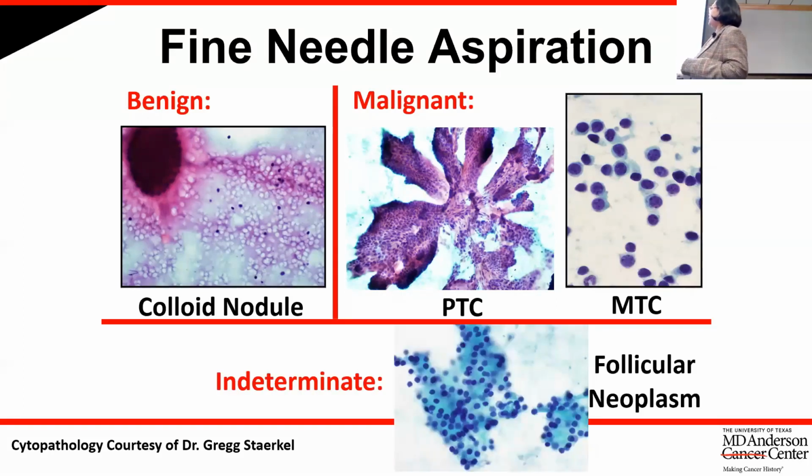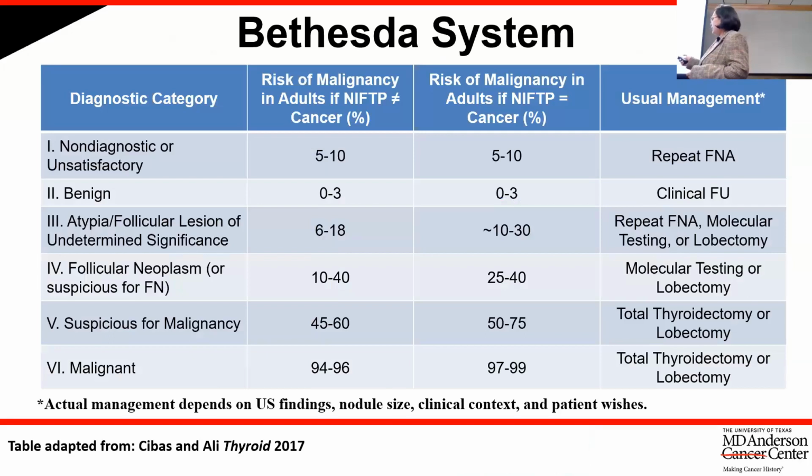And then you have the indeterminate thyroid nodule, or sometimes they report it as follicular neoplasm. And what it means is it has an abundance of follicular cells, but it's not very clear whether this is cancer or not, and needs additional testing or surveillance to confirm that. So when you look at the staging systems, when you look at your reports, it gives you a Bethesda stage, that is Bethesda 1, 2, 3, 4, 5, 6, so total 6 stages.